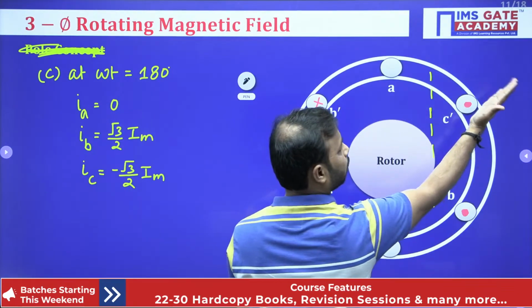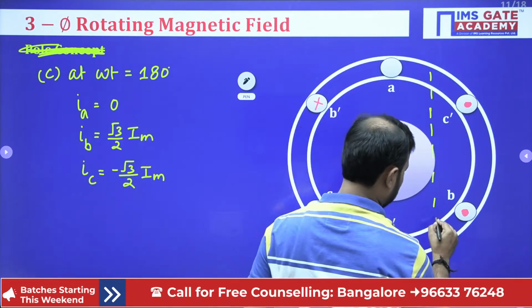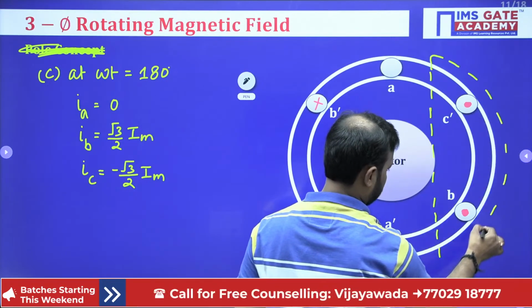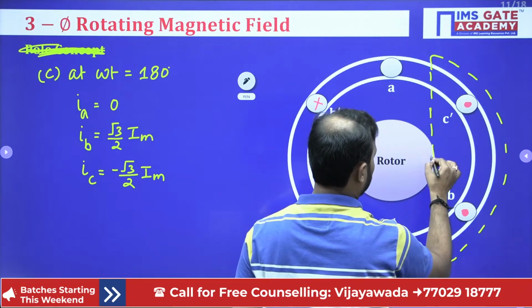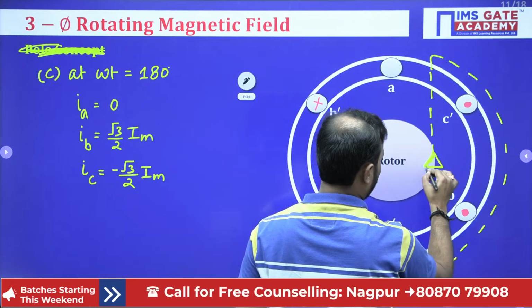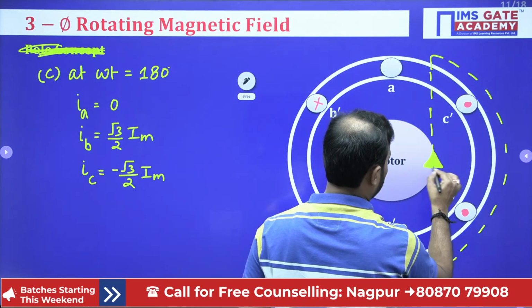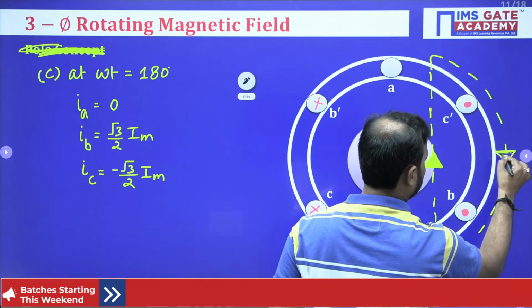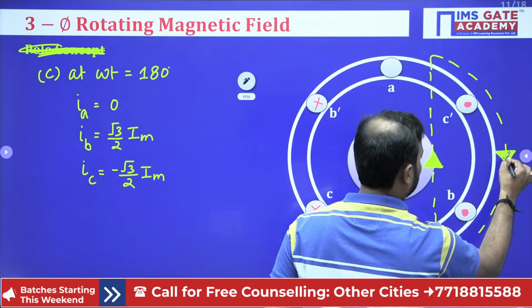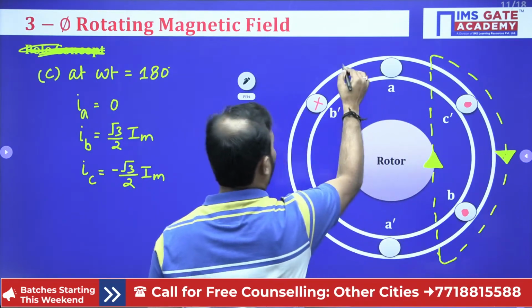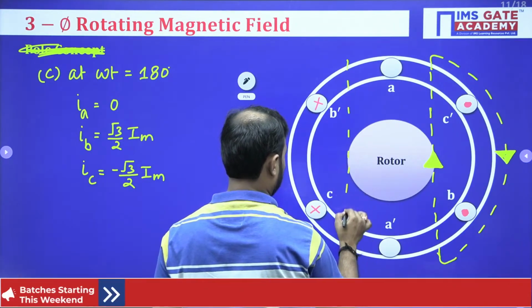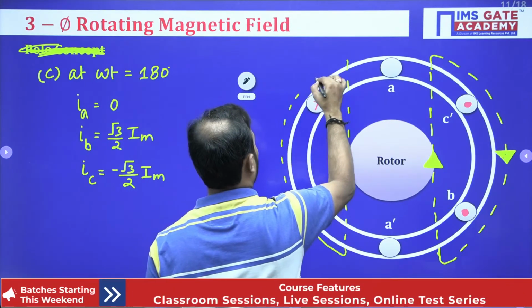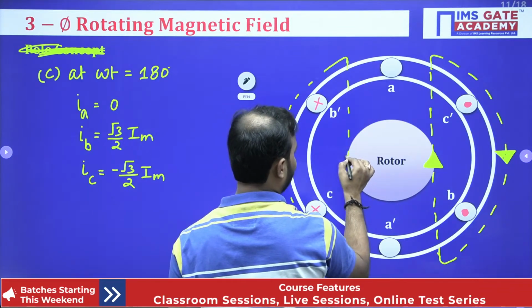See, it is outward, so anti-clockwise. Okay, like this. And for cross, the direction will be clockwise.